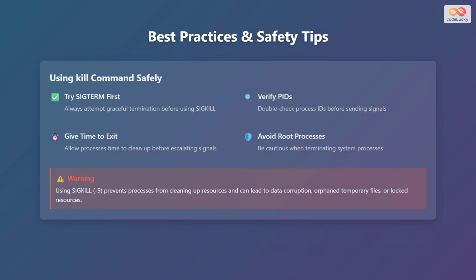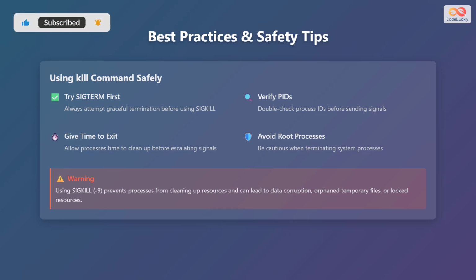To use the kill command safely, let's review some best practices and safety tips. Always try SIGTERM first. Attempting a graceful termination before resorting to SIGKILL can prevent data loss. Always verify process IDs and double-check them before sending any signals. Give processes time to exit.